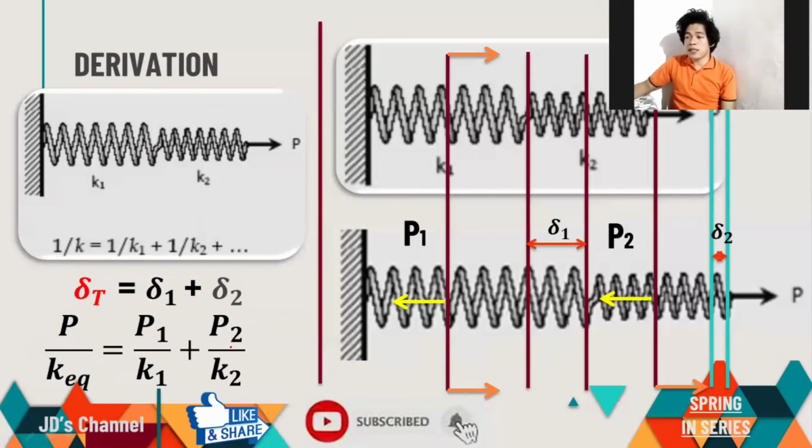Okay, ngayon class, may relationship tayo, di ba, na yung ating P1 is equals to P and P2 is equals to P. So, mean to say class, pwede natin to tanggalin kasi pare-pareho naman sila ng value.